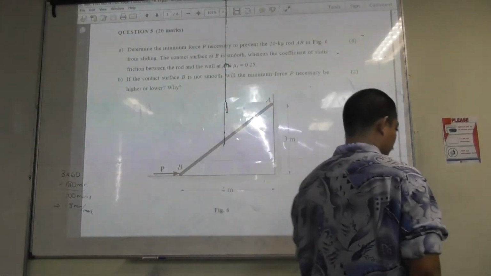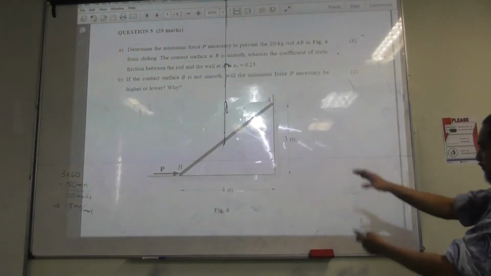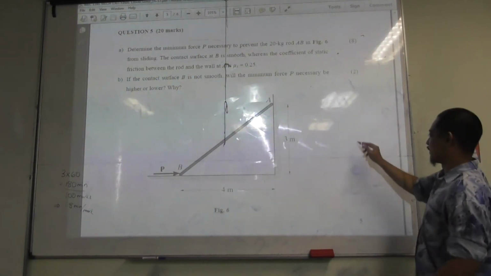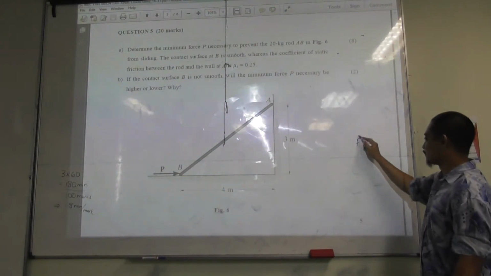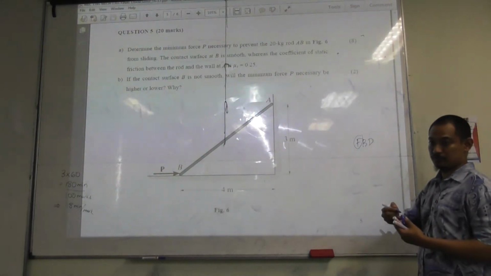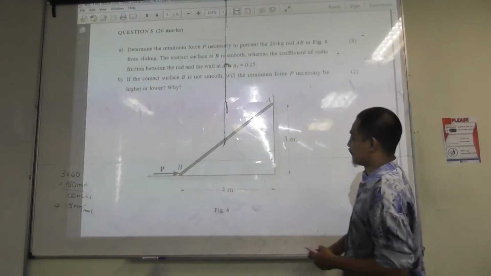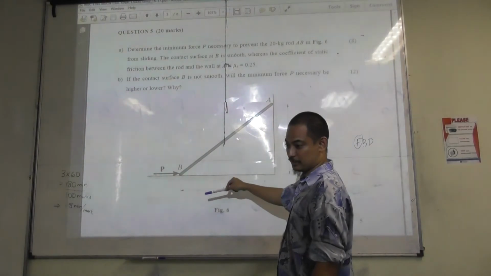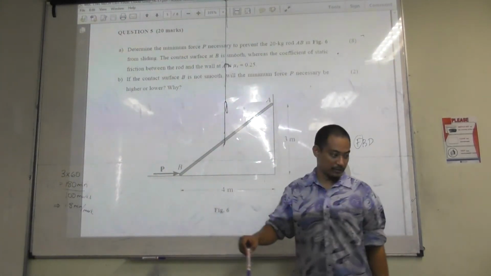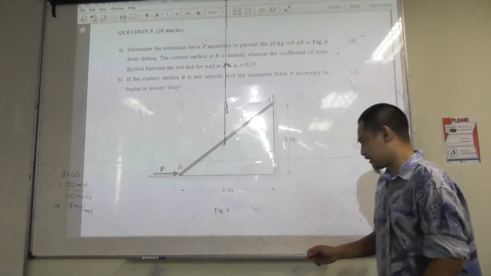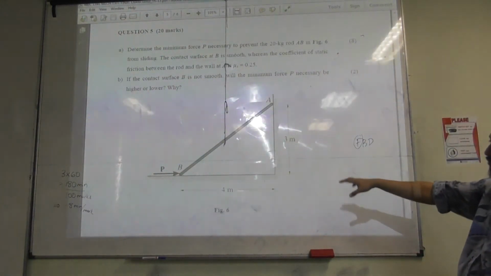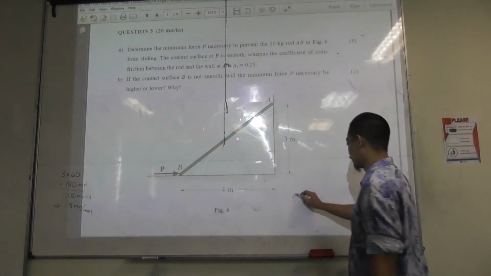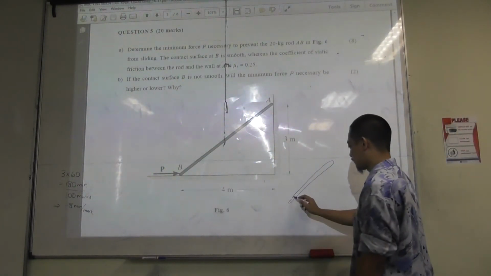Now, before going into the details, one reminder when we talk about free body diagram. What does this free mean? If you still have in your drawing the wall and the floor, then your mark is gone. I think not many do that, but if you still have the tendency to do that, make sure it is actually a free body diagram, not this diagram, right? So basically you have only the rod there.